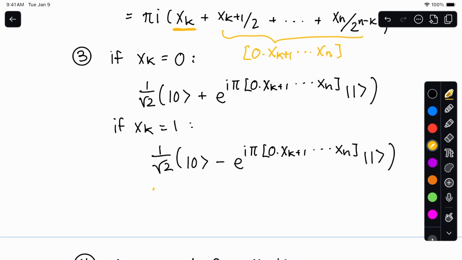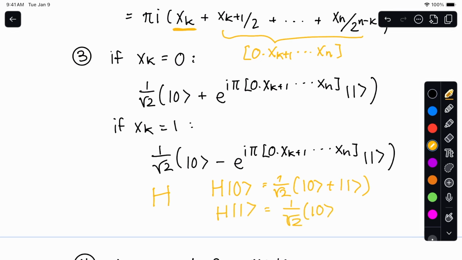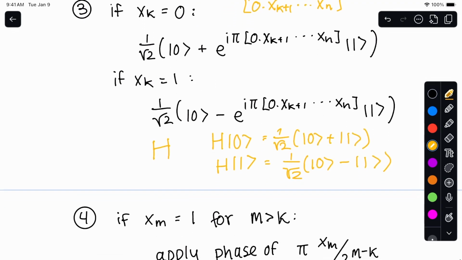This looks very similar to the Hadamard gate. So that's actually all we need to do on the kth qubit directly. And then the rest is going to depend on the k plus 1 through nth qubit.